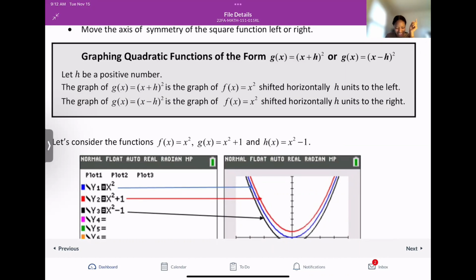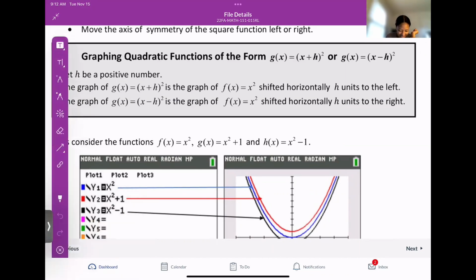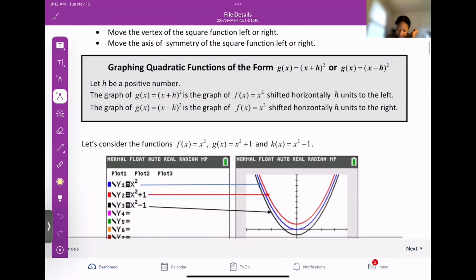Let me highlight what I'm talking about here so you can see it. Instead of x squared, we have x plus h squared. This shifts our graph to the left h units. If you subtract a number from the x, this shifts our graph to the right h units. So adding or subtracting from the x shifts left or right.